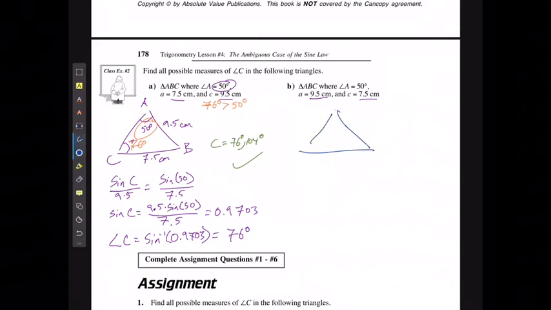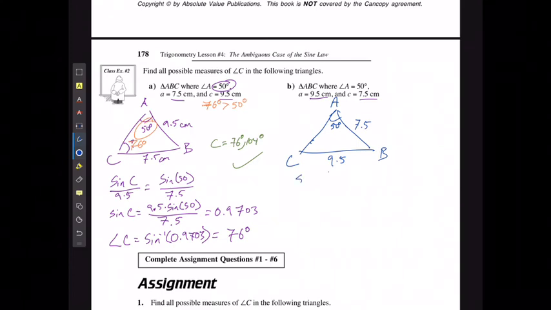Some of the information is the same. A is going to be 50. I can call this C, I can call this B. But now this is going to be 9.5, and this is going to be 7.5.